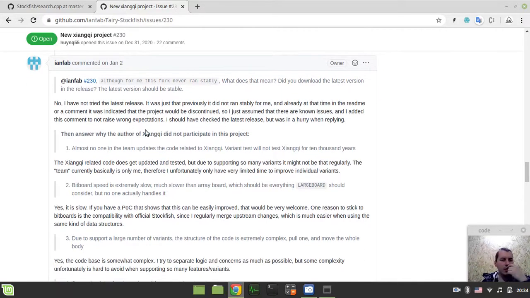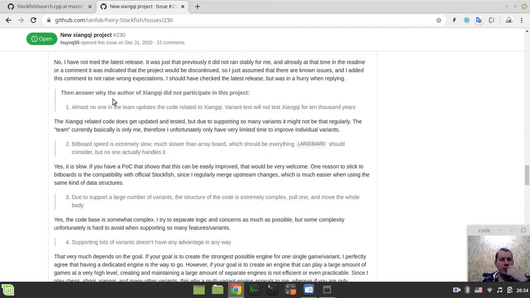And yeah, this answer by Fabian is also very interesting. So let's read through this. What does that mean? Okay, so it's about the release, doesn't matter. The Xiangqi related code doesn't get updated and tested, but due to supporting so many variants, it might not be that regular. So one of the core answers: because we have many variants, it's not that easy to support a single variant.